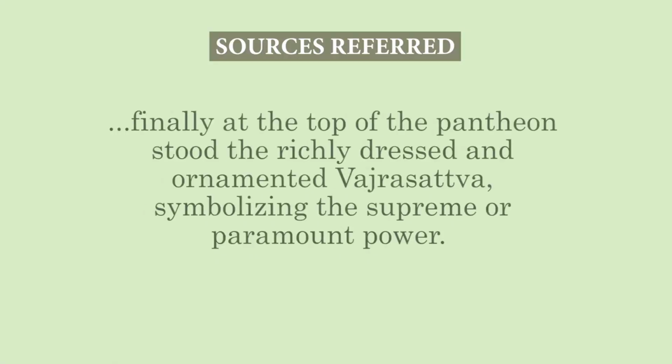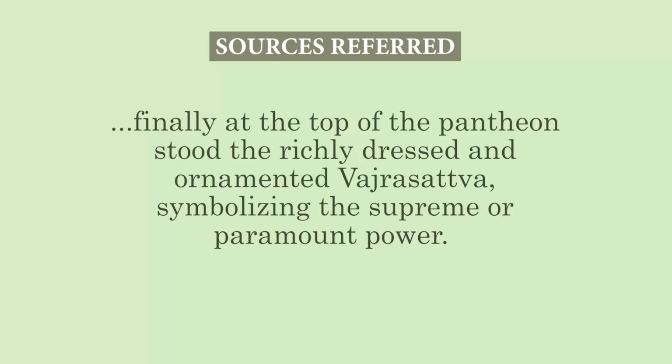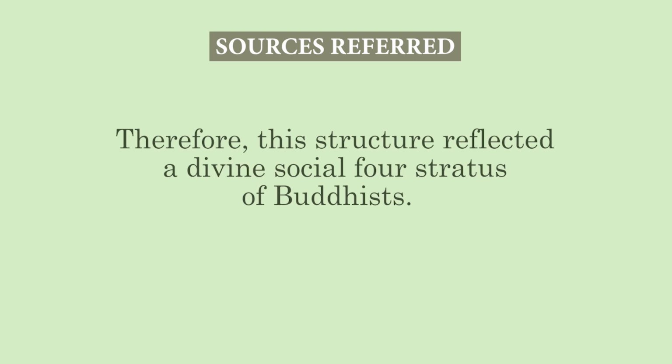And finally, at the top of the pantheon, we find Vajra Sattva, symbolizing the supreme or the paramount power. Therefore, the structure reflected a divine social ladder with 4 strata of the Buddhist belief.